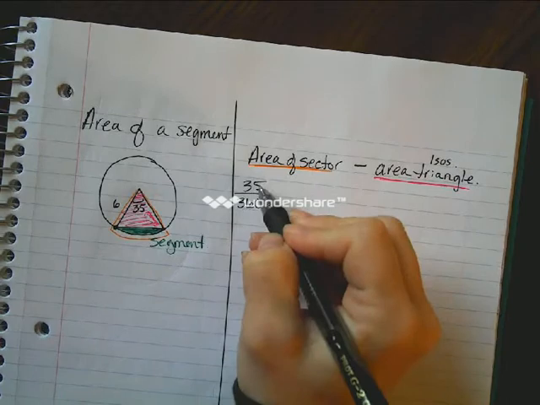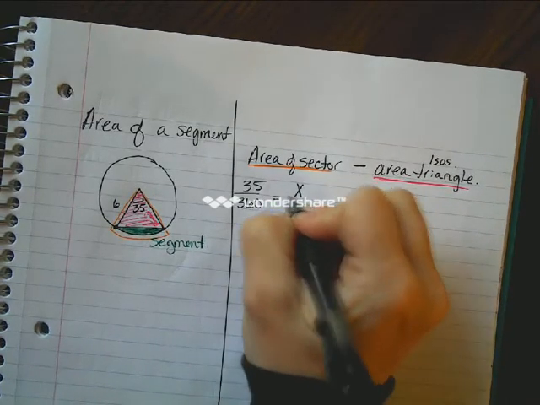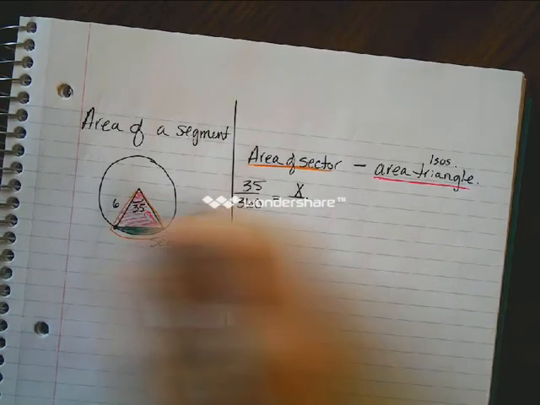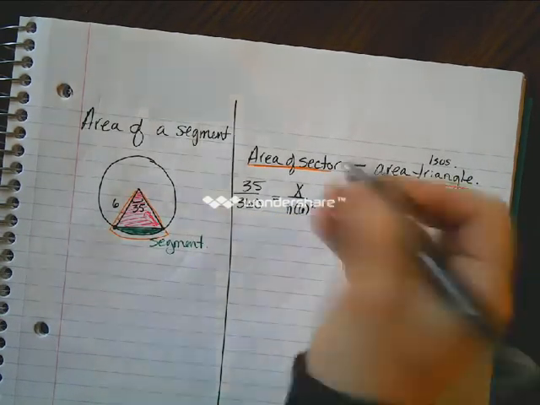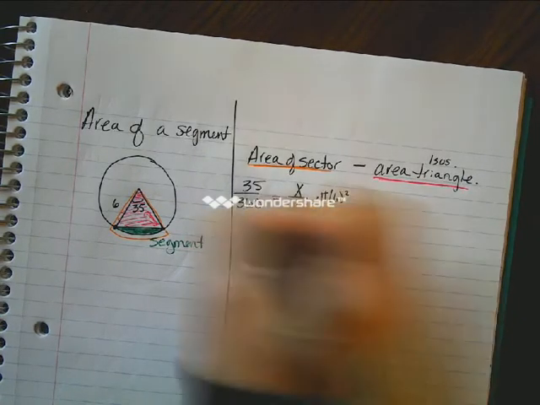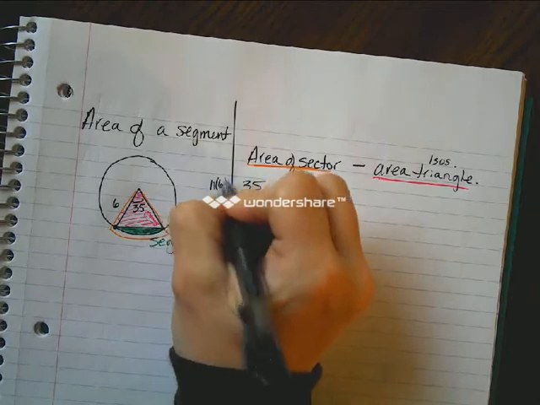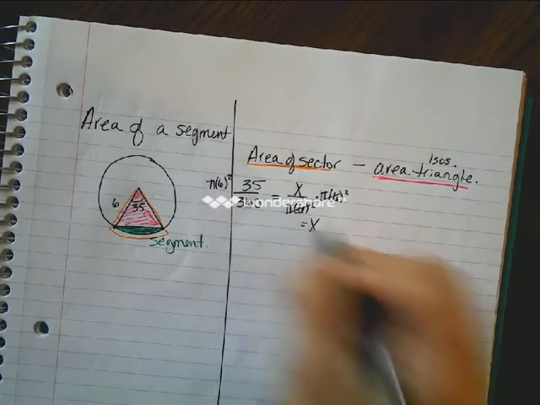That's pi 6 squared. Okay. Multiply on both sides. Pi 6 squared. That cancels. And I am left with 10.996. Now I need to find the area of the triangle.